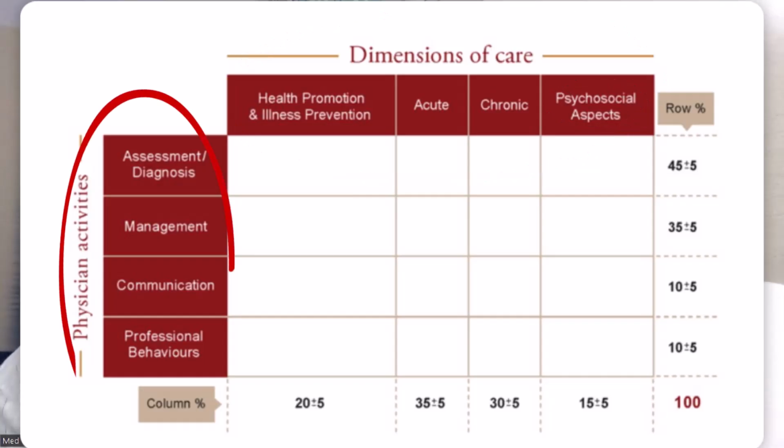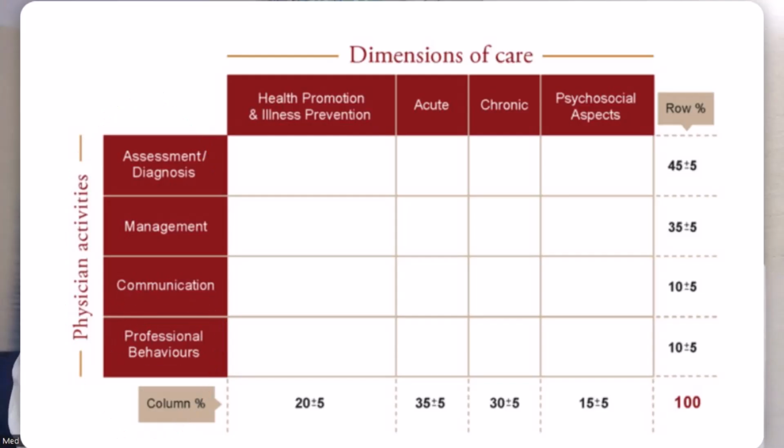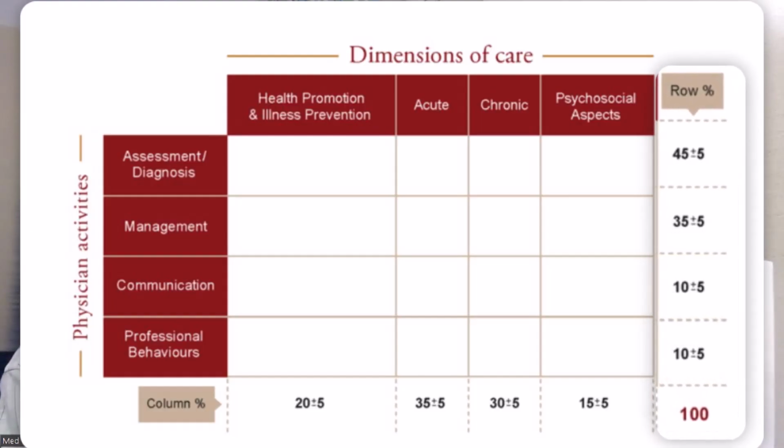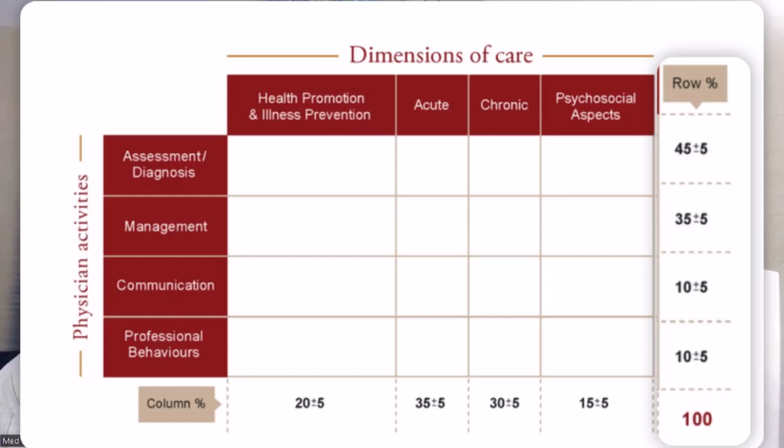And on the vertical side, we have assessment and diagnosis, management, communication, and professional behaviors. If you look on the extreme side, they have listed the percentage of questions which are going to come from assessment and diagnosis, management, communication, and professional behaviors.